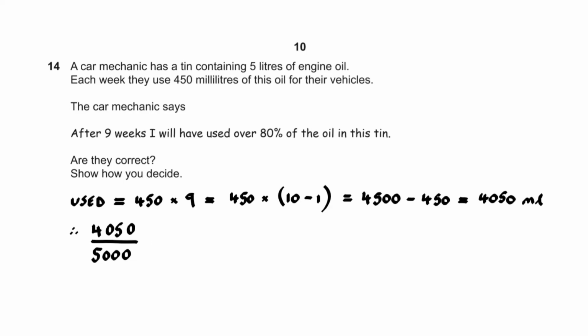Well, it is greater than 80%, and that's because if we had 4,000 divided by 5,000, this is the same as 4/5, which is the same as 80%.